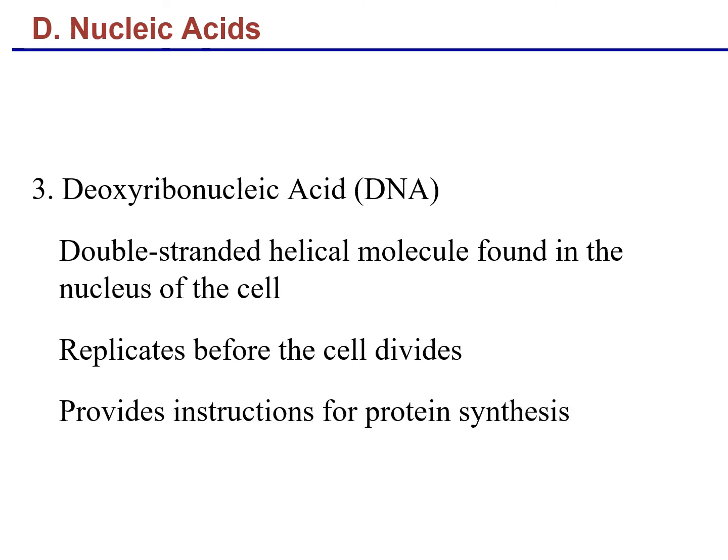DNA serves as our genetic material in large part by providing the directions to cells for how to make proteins. They provide the instructions for how to synthesize proteins. DNA will tell a cell which amino acids should be strung together in what order to make a particular protein.